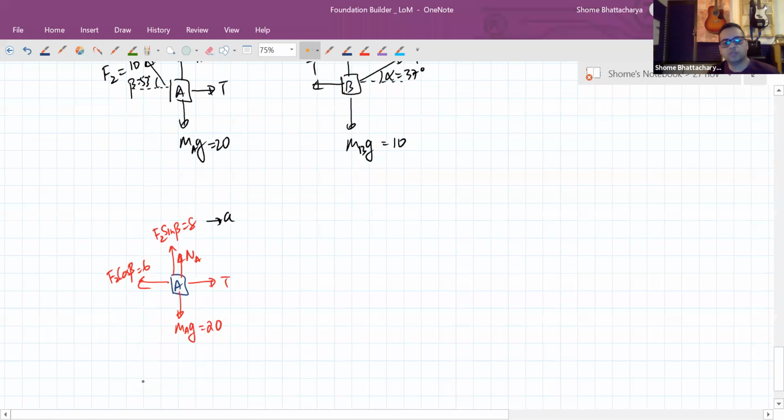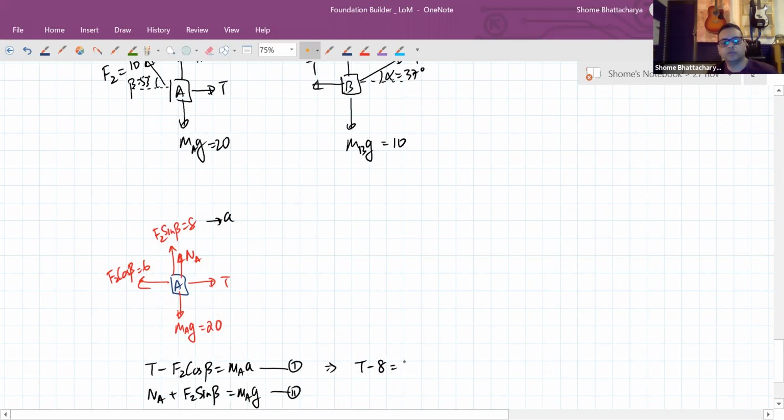So what are the equations you will get? T minus F2 cos beta is mass of A into acceleration. That's the first equation. And you will get Na plus F2 sine beta balances the weight. That is the second equation. So the first equation will become T minus 8 is equal to 2A.